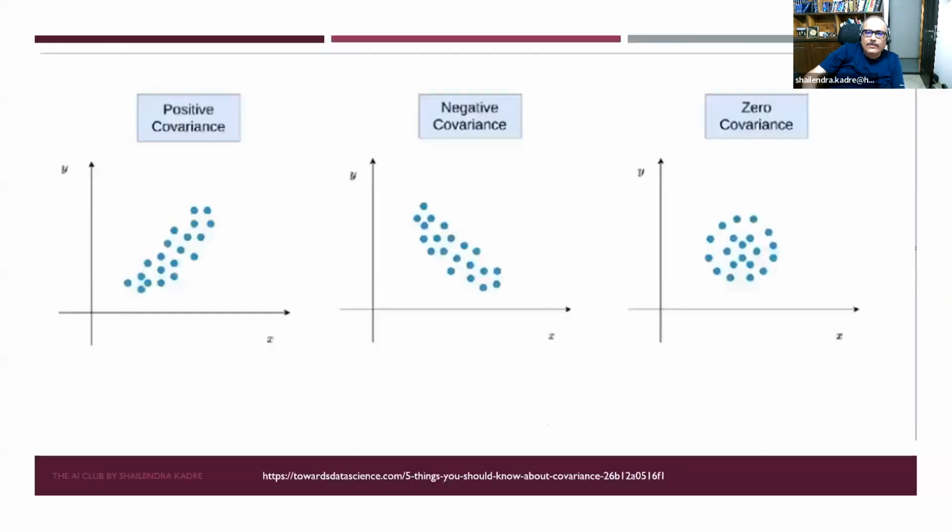Now, how much will be the correlation of these three figures? Just guess. First, second, third, tell me the correlation coefficient. What will be the first one? The first figure is completely positive, so the correlation coefficient is near +1. Approximately how much?